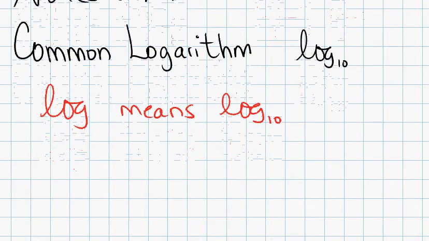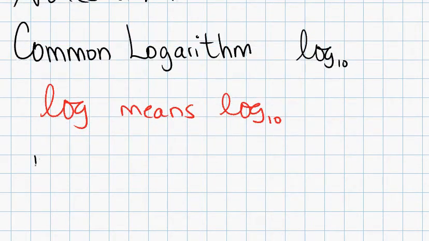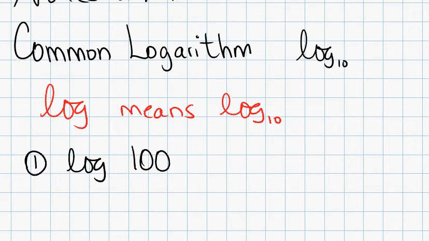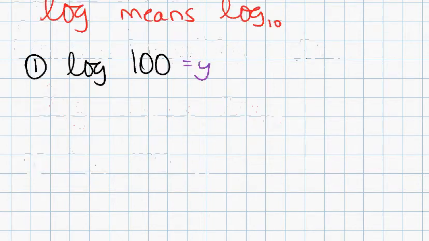So, if I ask you for the log of 100, you can rewrite this and solve it like we did last chapter, last test. Please do so. So we would pretend that this equals y, and we would ask ourselves, what's the base?